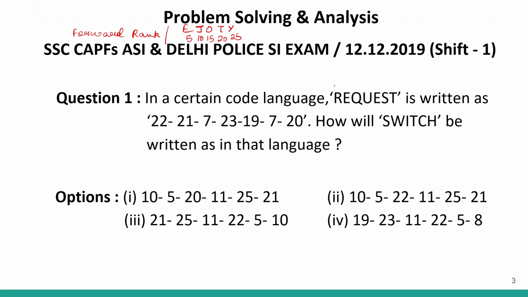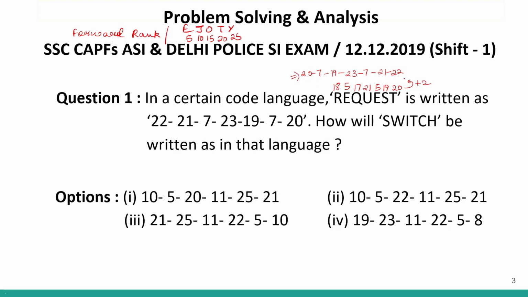So let us see how request is coded. If you remember the forward ranks, R is 18, E is 5, Q is 17, U is 21, E is again 5, S is 19 and T is 20. So these are my forward ranks. If I add 2 in my forward ranks, I'll get 22, then 21, then 7, then 23, then 19, then 7 and then 20.